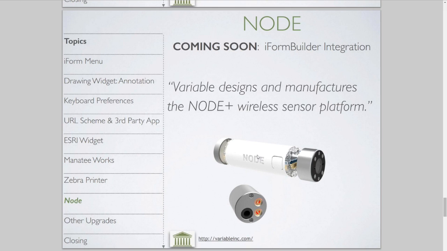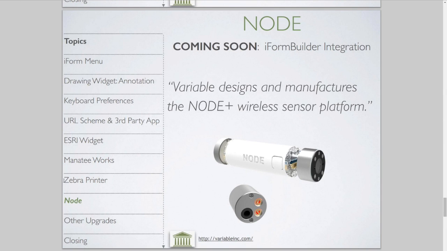Each side can be a different hardware. In this example, this one is a chronometer, and this one measures surface temperature. So each side can have its own hardware widget, and they're interchangeable.